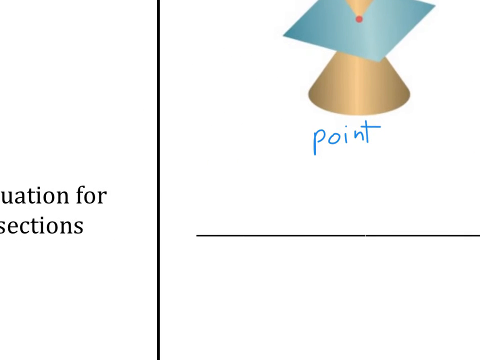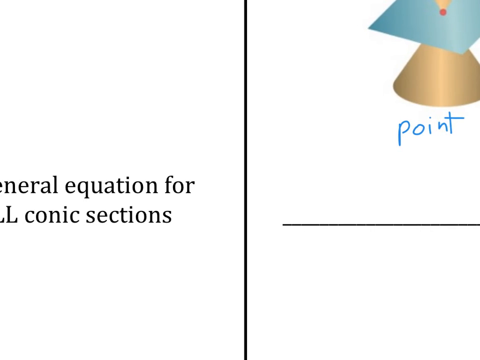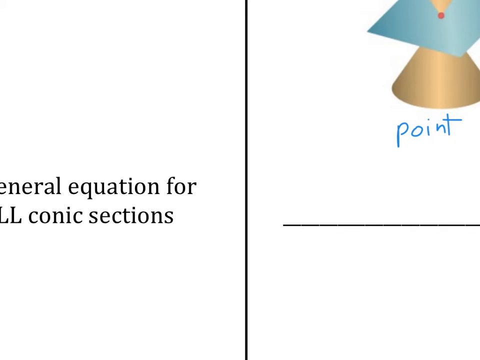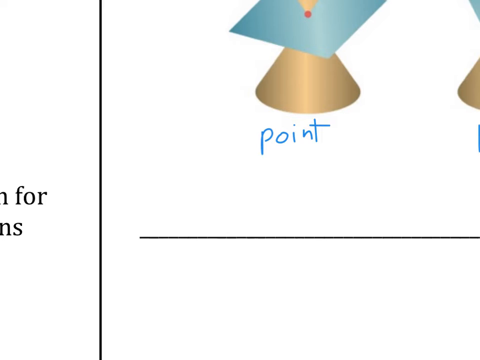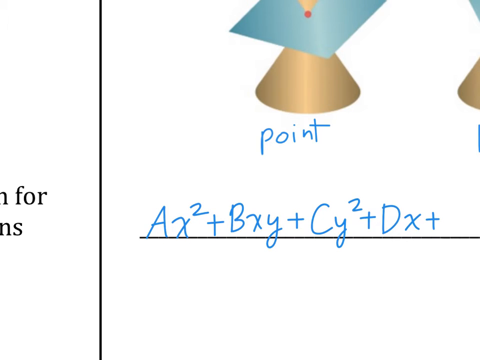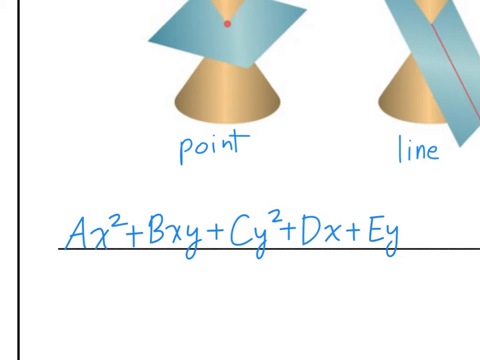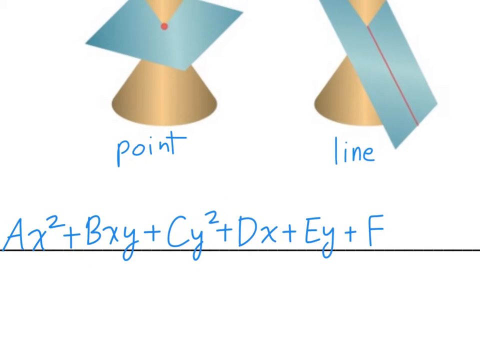So we're in pre-calc now, so the questions are going to get a little bit harder than before. So the general equation for all conic sections is ax squared plus bxy plus cy squared plus dx plus ey plus f equals 0.